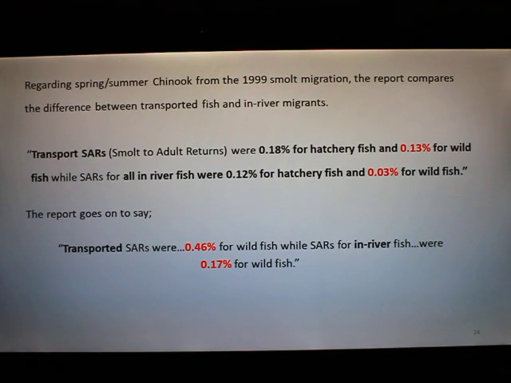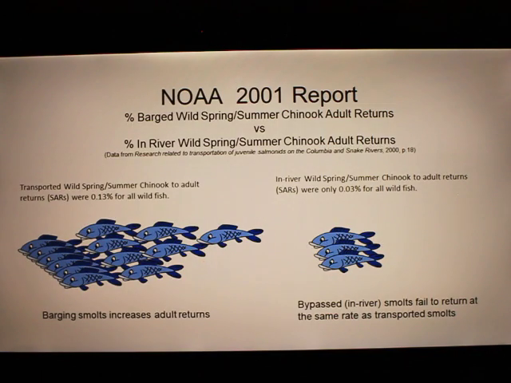And in that report, when talking about summer Chinook from the 1999 smolt migration, it states that the transported SARs were 0.18% for hatchery fish and 0.13% for wild fish, while SARs for the in-river fish were 0.12% for the hatchery and 0.03% for the wild fish. The report goes on to say transported SARs, and I believe this is talking about steelhead, were 0.46% for the wild fish, while the SARs for the in-river fish were 0.17% for the wild fish.